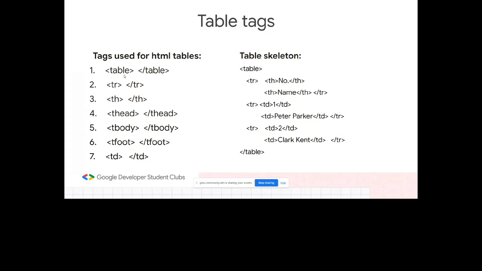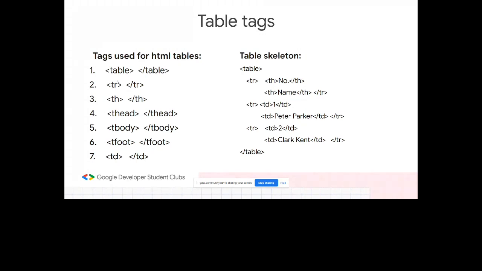Like we'll include the paragraphs, images, layouts, slideshows, scripts, everything in the body tag. Just like that, in order to create a table, we must need a table tag, that is an opening table tag and an ending table tag.